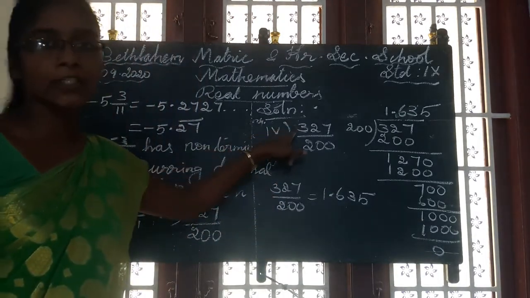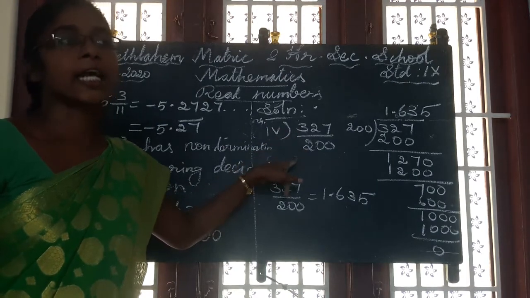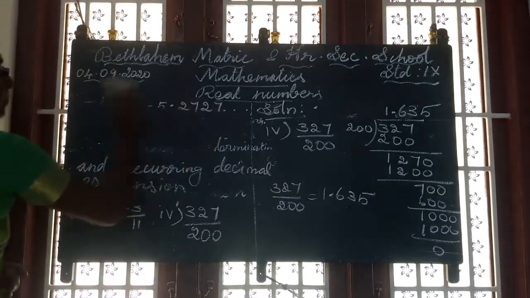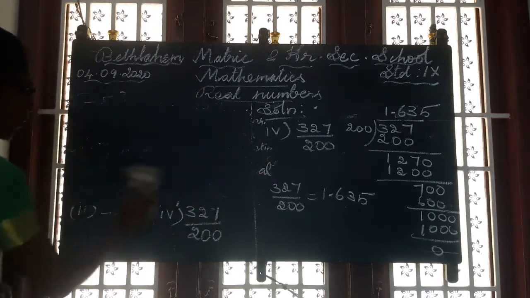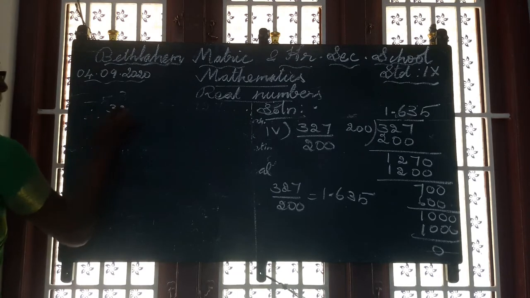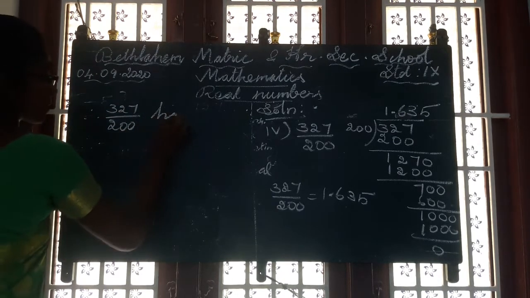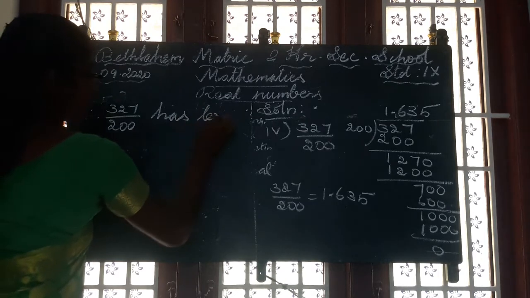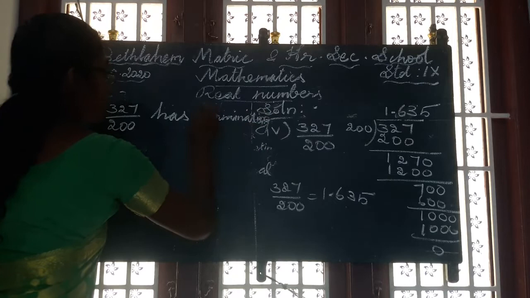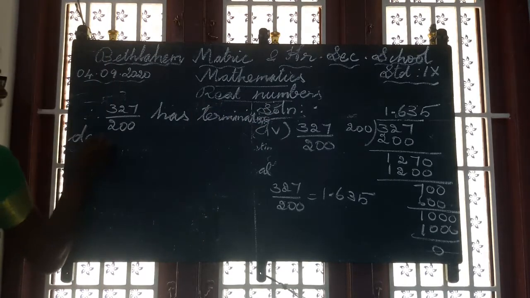Therefore, 327 by 200 has terminating decimal expansion.